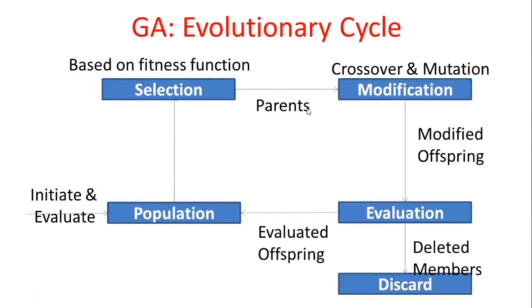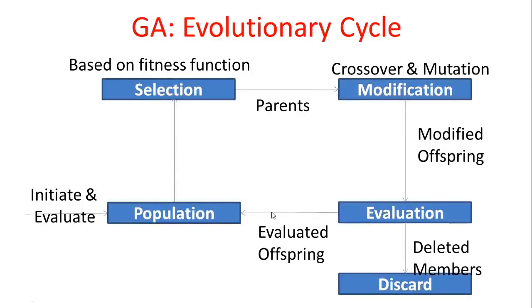These two parents will undergo the crossover and mutation phase to produce new offspring, and again these new offspring will be evaluated based on the fitness function. Among the new members generated, it may happen that some are not the fitter ones, so some members will be deleted and some members will be carried forward and become part of the population.